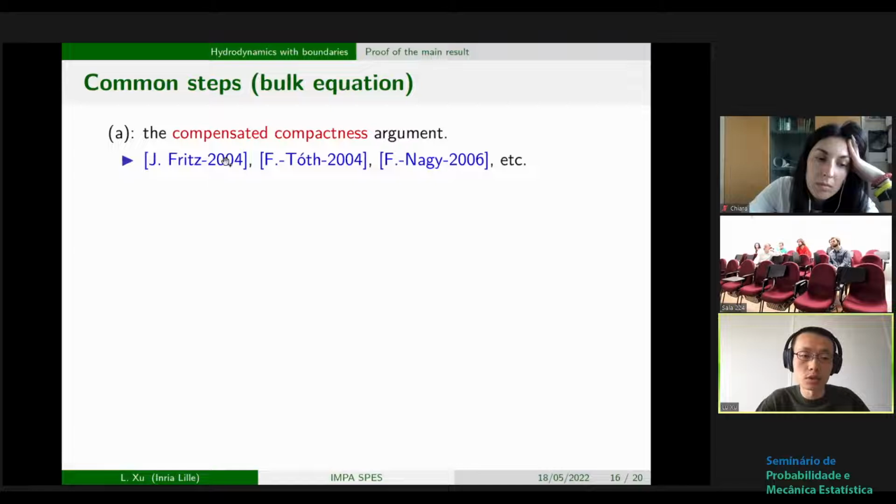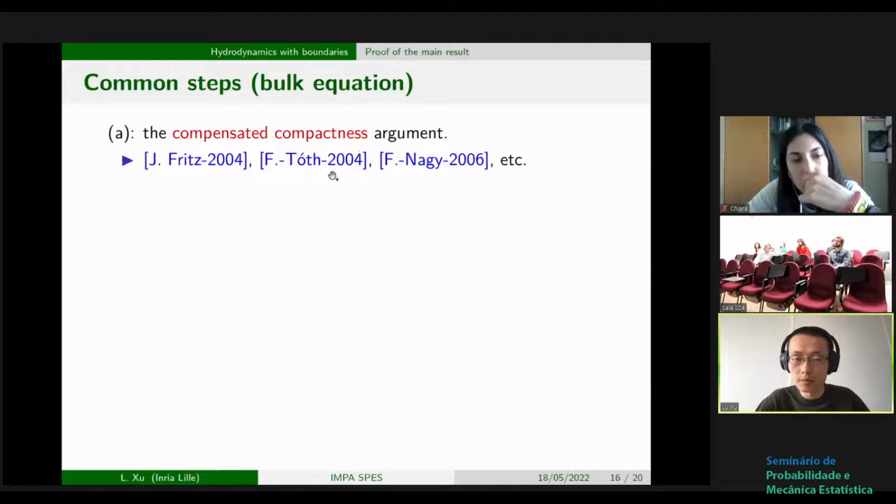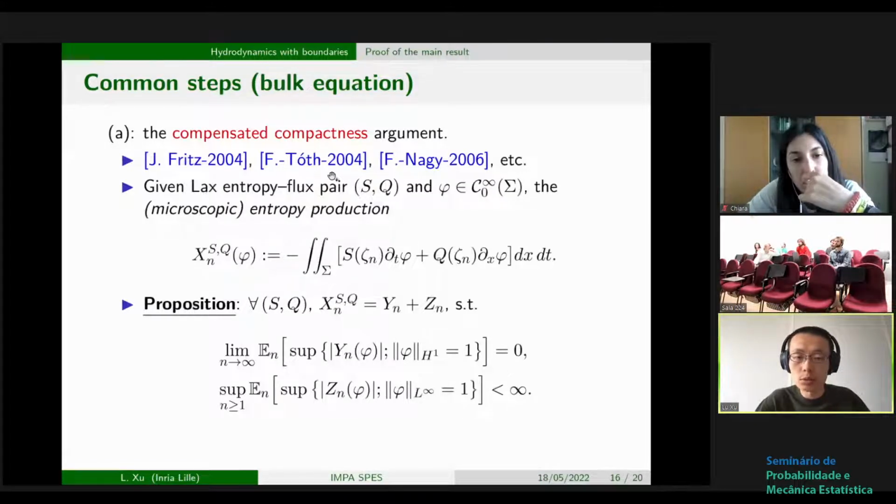This argument was developed by Tartar and Murat, and a series of papers centered on their work. And the argument basically goes this way. I take a Lax entropy-flux pair S, Q and some smooth test function, which is compactly supported, so it doesn't see the boundaries. And I define the microscopic version of the entropy production in this way.